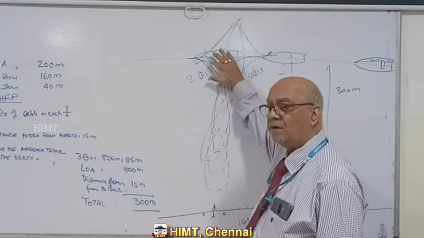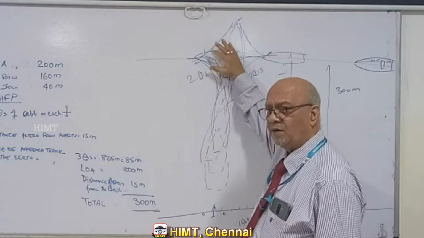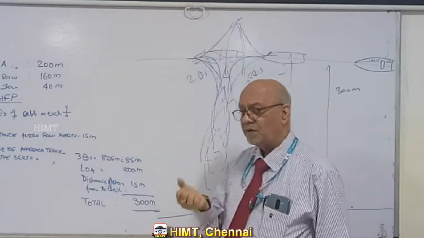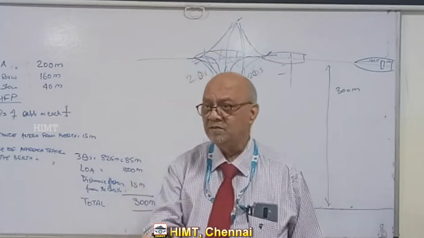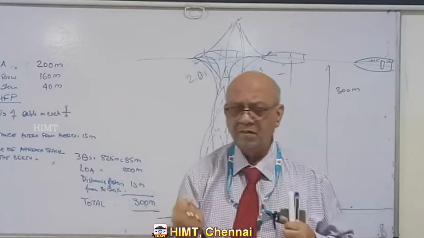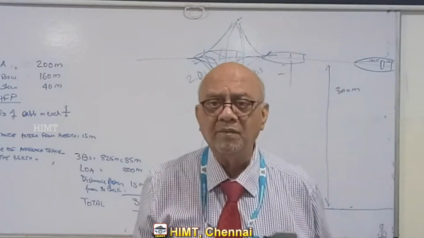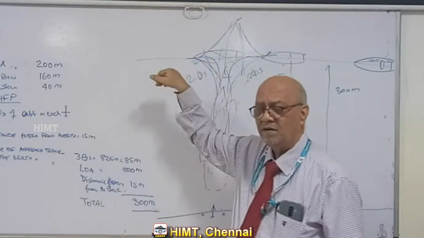So the ship will go back, because the springing action of the cable is very, very strong. The ship will start having headway and then again it will come back into the same.